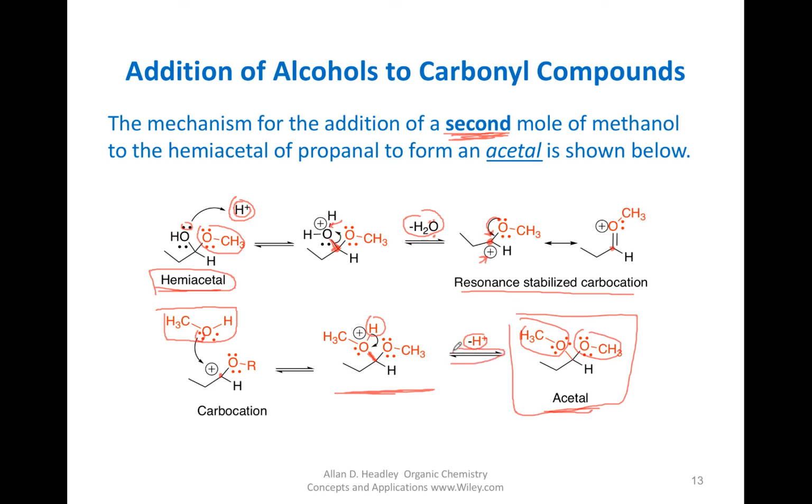Notice that they're all reversible reactions, so we can go in either direction depending on the concentration of the alcohol. You may remember that from your Gen Chem, called Le Chatelier's principle. Increasing the concentration of the reactants pushes the reaction to the right. And if you decrease the concentration of the products, it tends to go to the right also, or we can reverse it by adding to the concentration of the products.